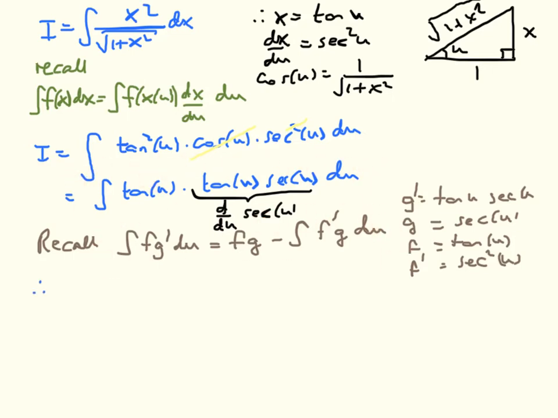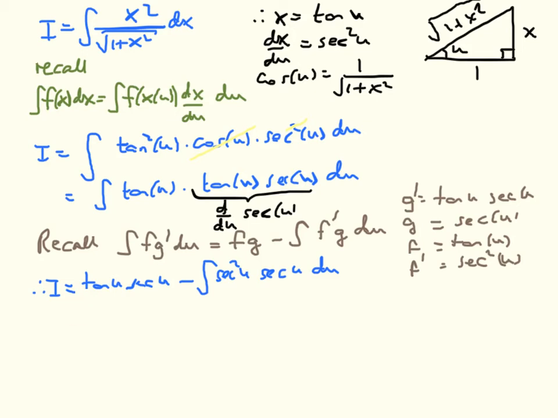So therefore I is going to be f times g, so that's tan u sec u, minus the integral of f dash, sec squared u, times g, which is sec u, integrated with respect to u. To calculate this integral, we're going to rewrite sec squared as tan squared plus 1.